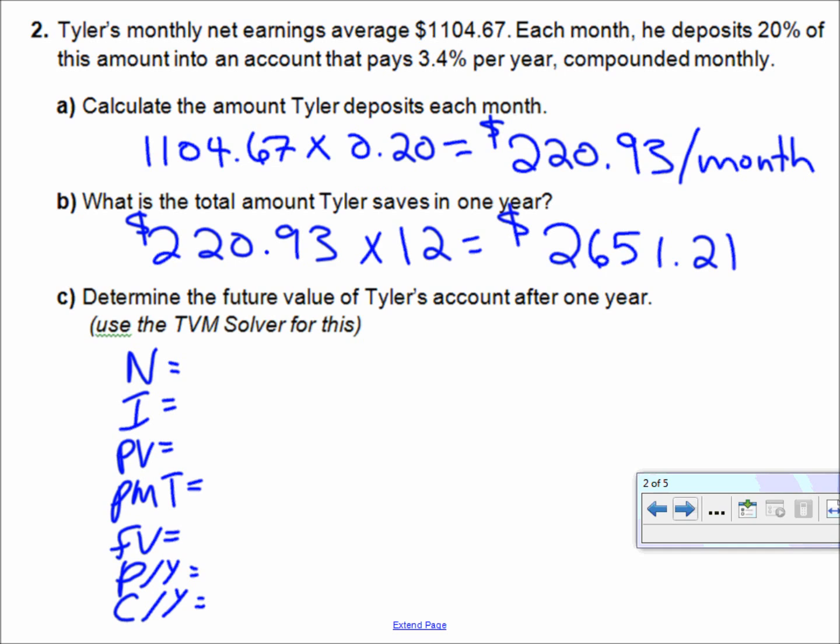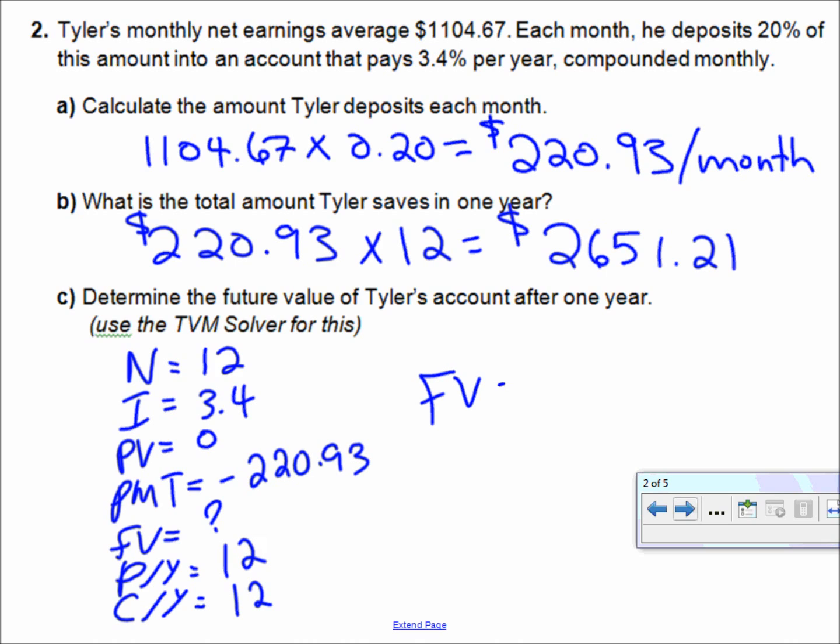After 1 year, our payment is 12, we're putting the money away 12 times. Our interest is 3.4% compounded. Present value 0. Our payment is minus $220.93. Future value we're going to calculate. Payment per year is 12. And the interest is compounded monthly as well, so this is also 12.